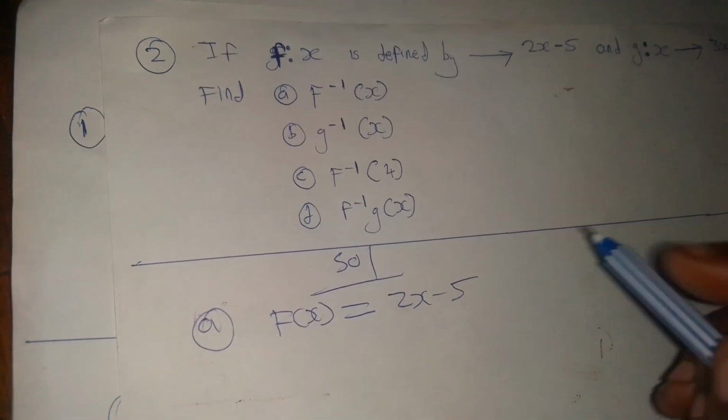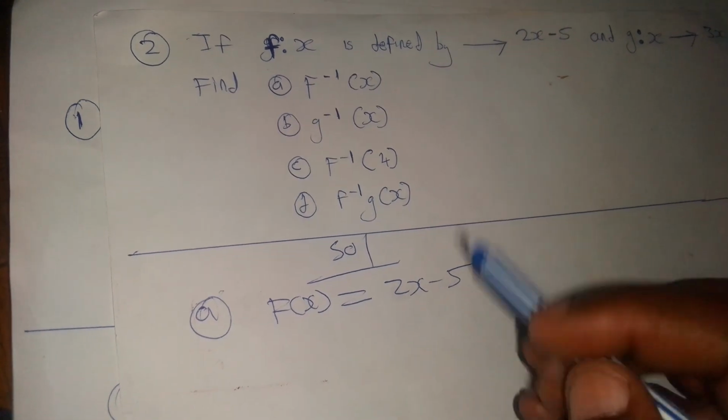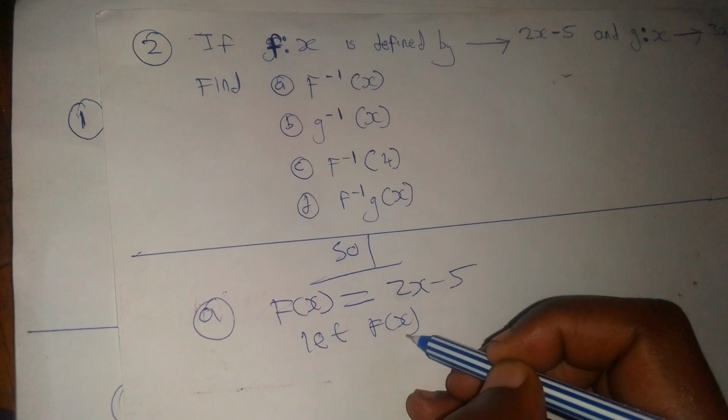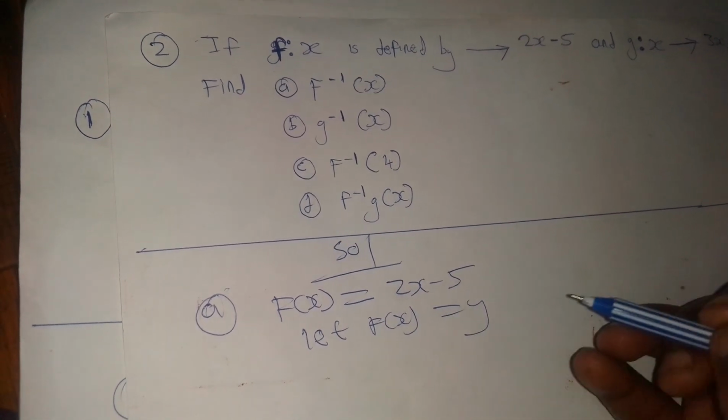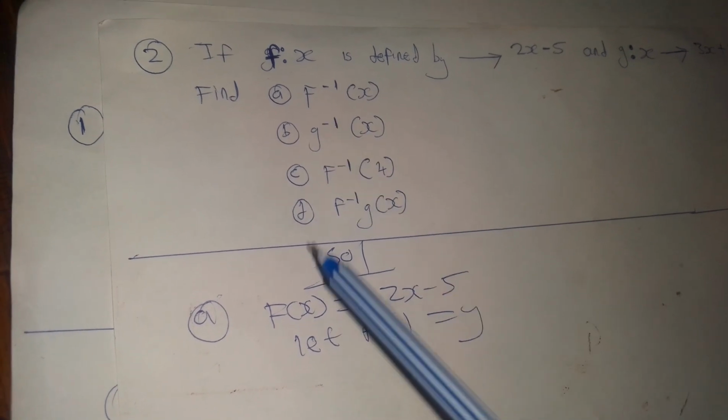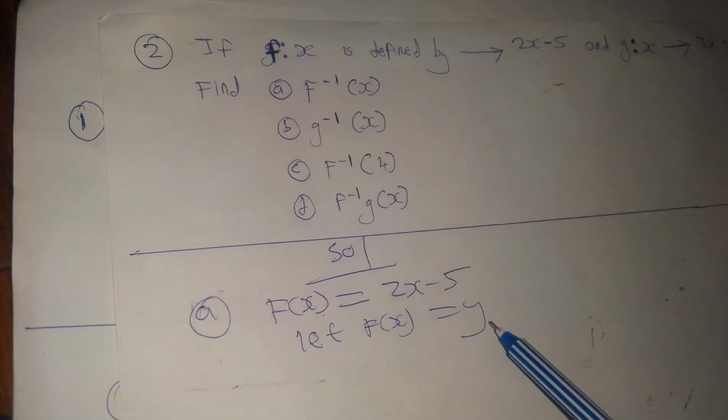Okay, now when they want the inverse, you say let f of x be equal to y. What it means is, if you want to find the inverse, where there is f of x, you replace with y.